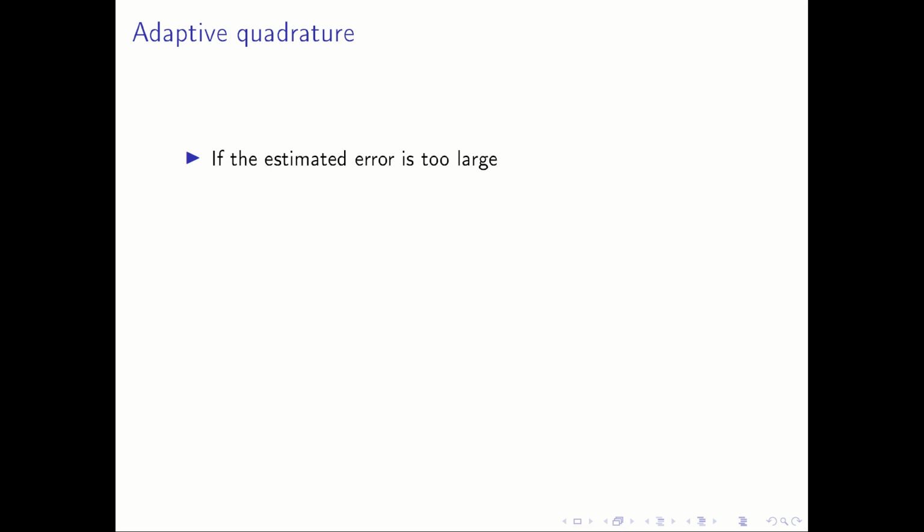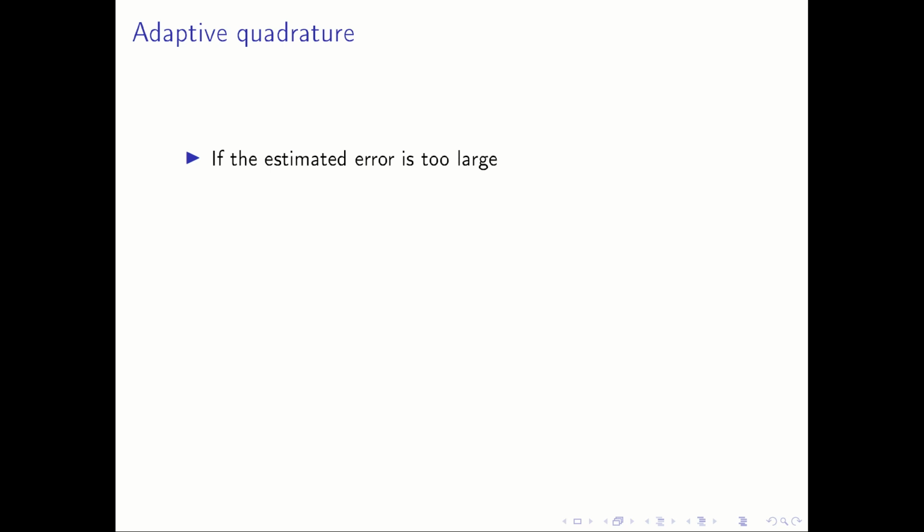So for this you need an estimated error. No matter which quadrature you are using, whether you are using Gauss-Kronrod or Gauss or Newton-Cotes, you need an estimate of the error. And as I said, Gauss-Kronrod is more efficient than Newton-Cotes and gives an estimate of error with less work than Gauss-Gauss.